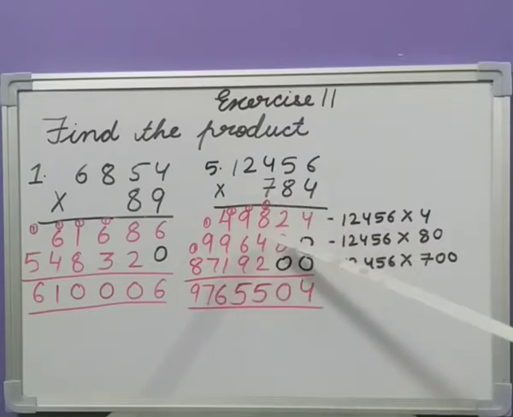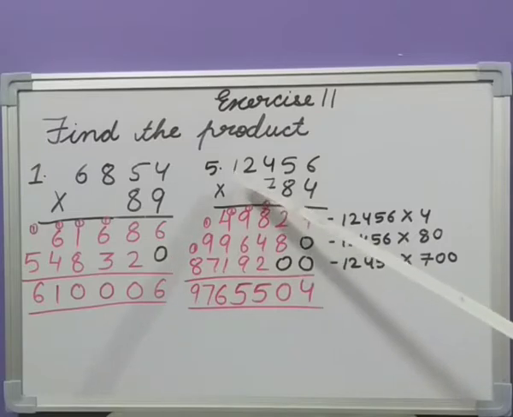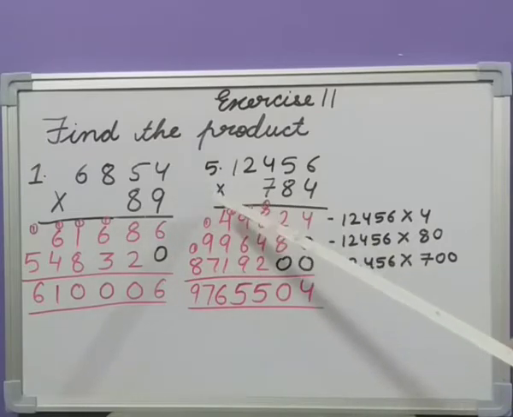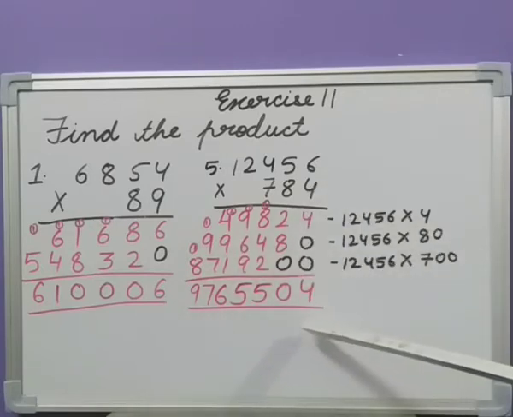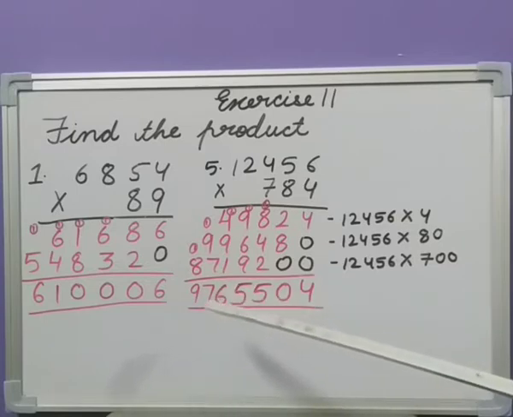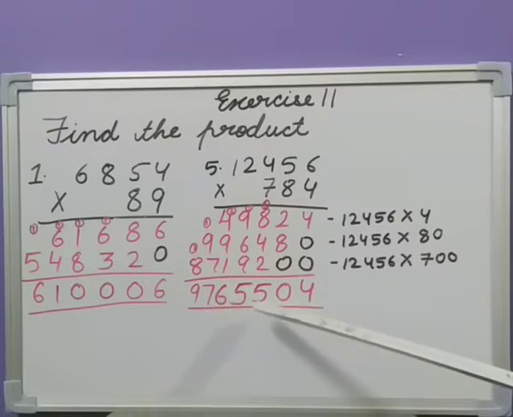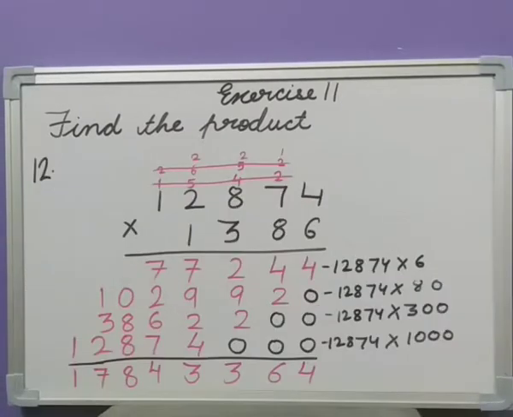After multiplying, we got these numbers, and then there is no other number, no other place, so we are going to add all of them. That gives us the product, that is 97,65,504.